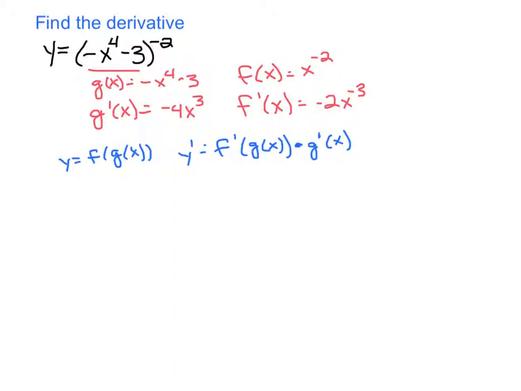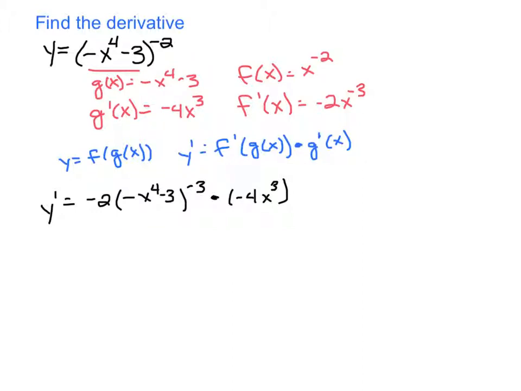So y prime is equal to f prime, which was negative 2 times some x to the negative 3. What's being plugged in for x is going to be g of x, which is negative x to the fourth minus 3, times our g prime. And that would do it.